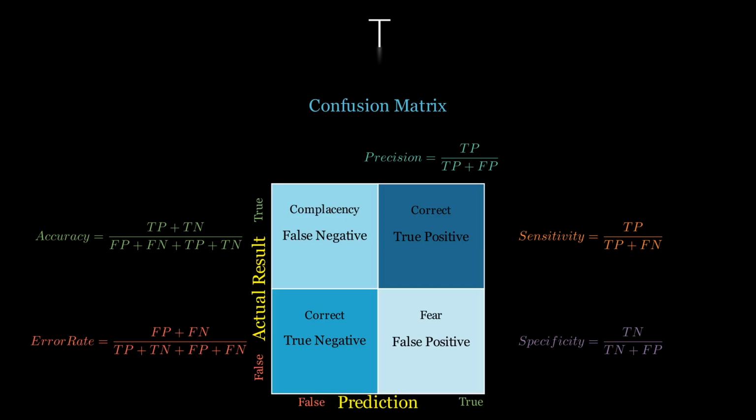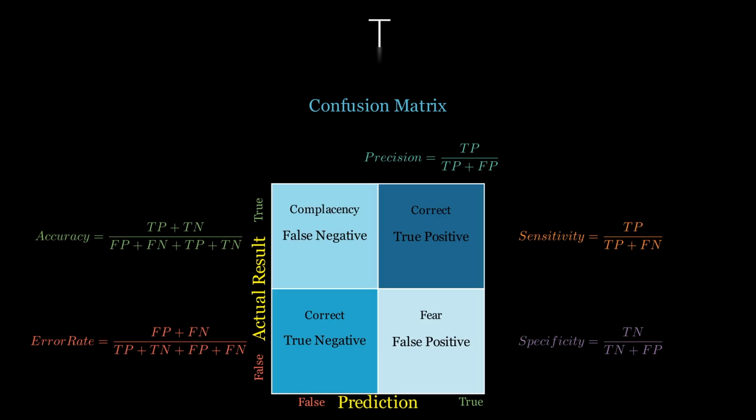We can derive the model's precision, and this is the ratio of the correct positive predictions relative to all positive predictions. Use of all these metrics helps us to put the accuracy metric in better context. It's not that we shouldn't use accuracy, but we should use the accuracy in context of the other metrics and KPIs derived from the confusion matrix.